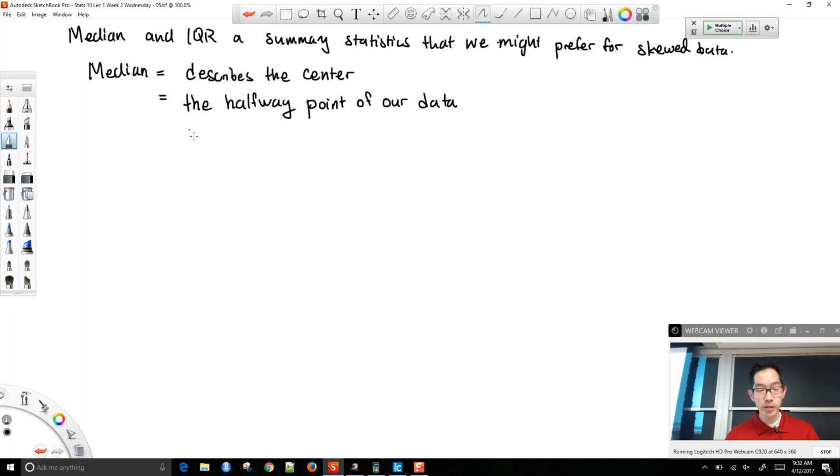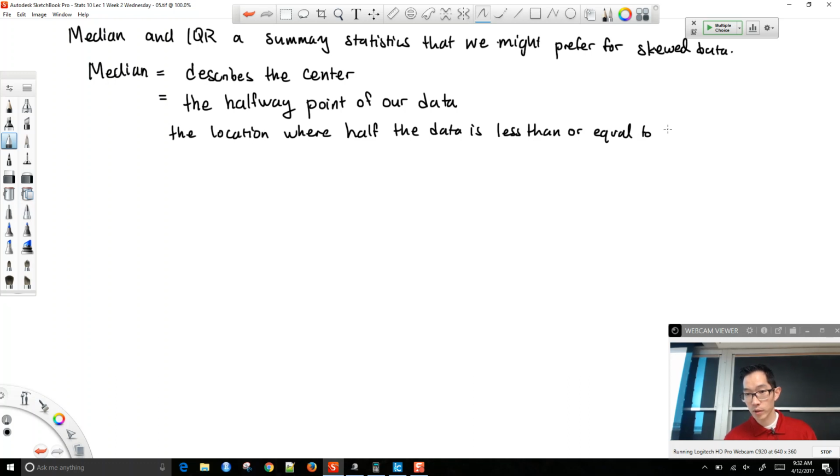And so the median is the location where half the data is less than or equal to the median. It's the spot where half the data is less than or equal to, which also implies that half the data is greater than or equal to the median, okay?